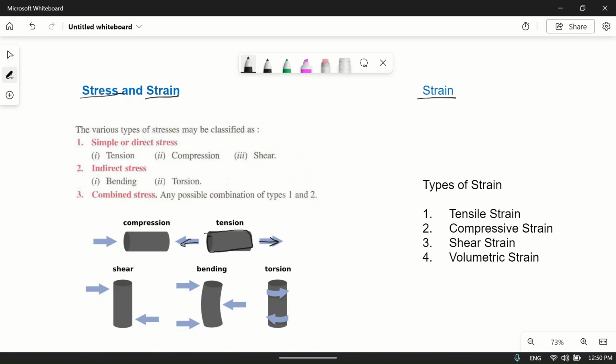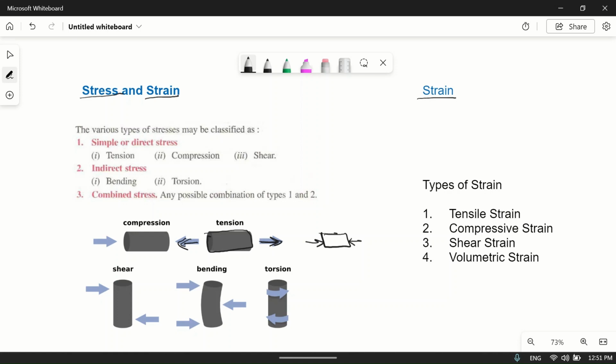Suppose you are pulling a rubber, then when you pull it to an extremely large extent, it tries to come back. That property is called the elasticity of the material. So tension is when we pull outward. Compression is when we try to press. Suppose this is a member and we apply force to press it. This is called compression.